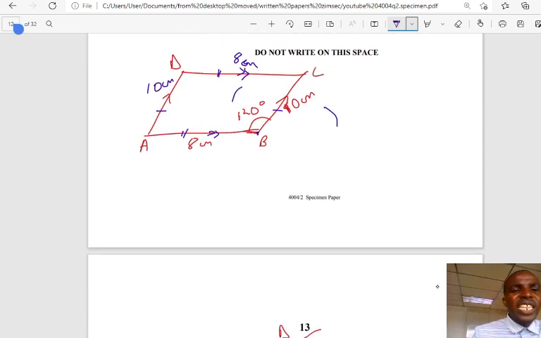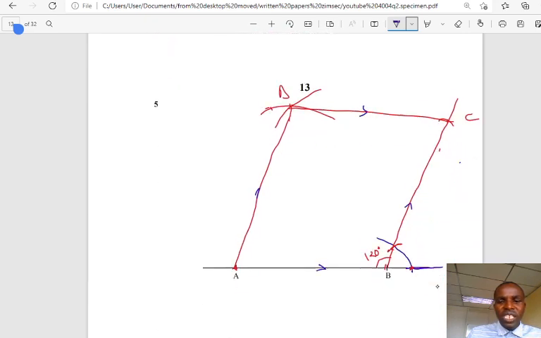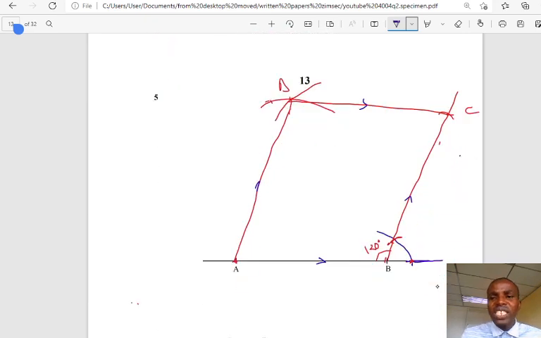And also, the other thing is this angle will be 60 degrees also. Opposite angles, or interior angles in this shape, a parallelogram, are supplementary, which means they add up to 180 degrees. So if it's 120, then that one is 60. So let me go to BC, locus of points equidistant from B and C. With your compass open above half, you mark inside, you mark this side.